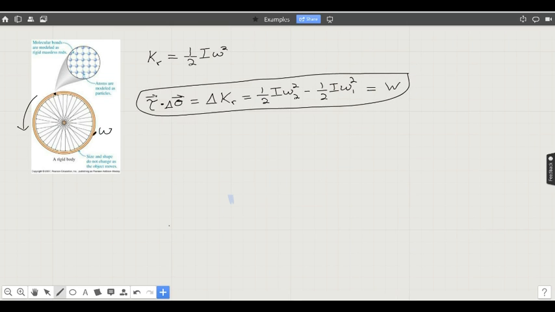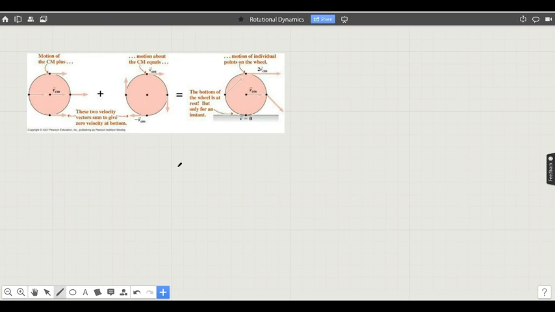Now we look at the special case of rolling without slipping. So we have something rolling across a surface, but there is no slippage between the surface of the object and the surface of the ground or the floor or whatever it is. So we have two sorts of motion that are kind of combined here.